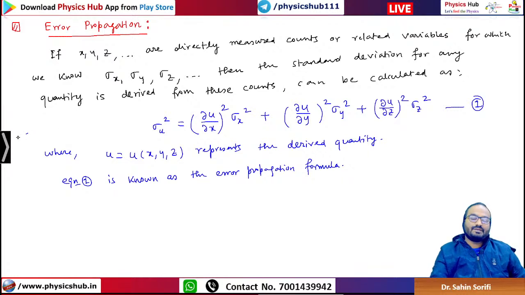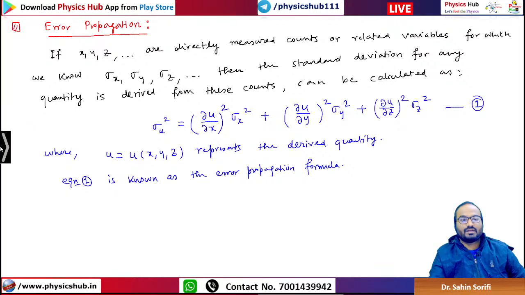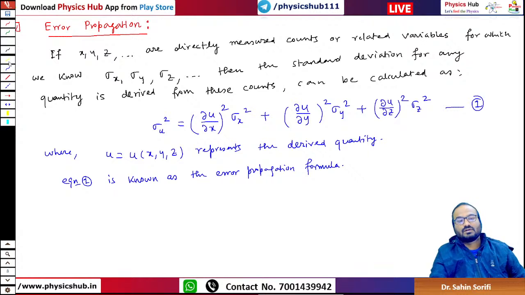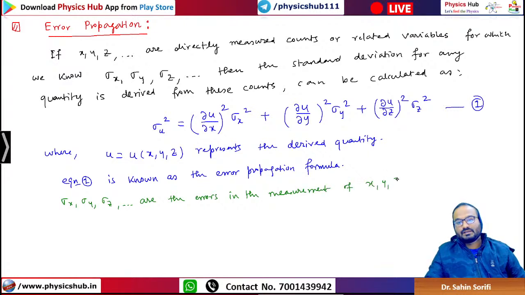You can imagine it in this way, that x, y, z are the quantities and sigma x, sigma y, sigma z are the errors, the errors in the measurement of x, y, z and so on, right.